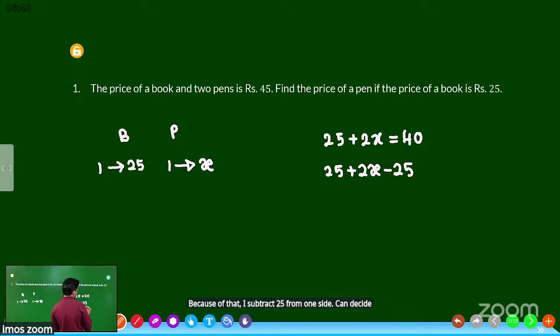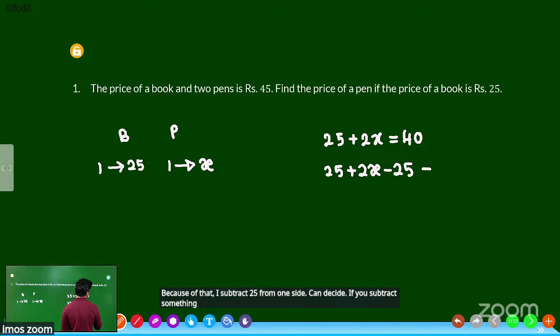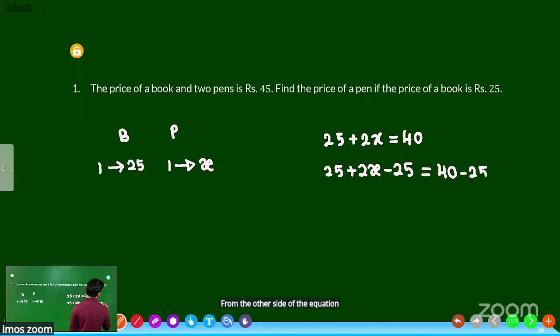If you subtract something from one side of the equation, definitely you have to subtract the same thing from the other side of the equation according to the axioms. So 25 minus 25 is 0, and 2X plus 0 is 2X. So 2X is equal to 45 minus 25.